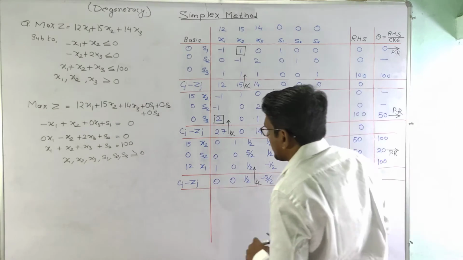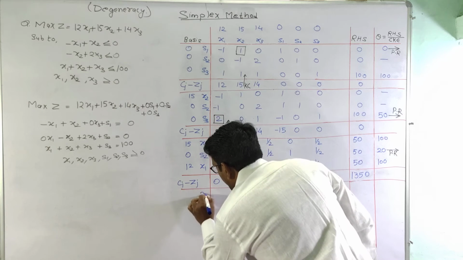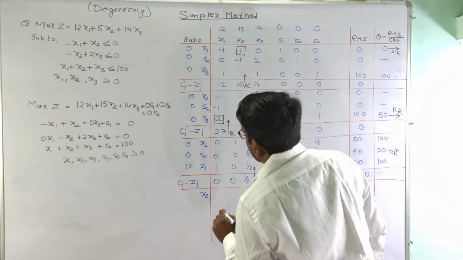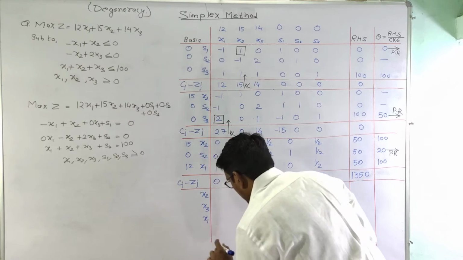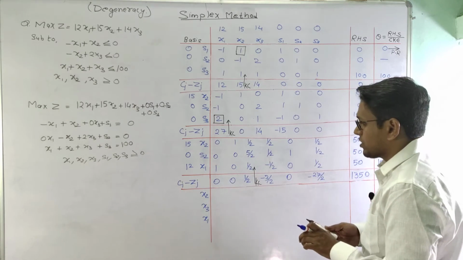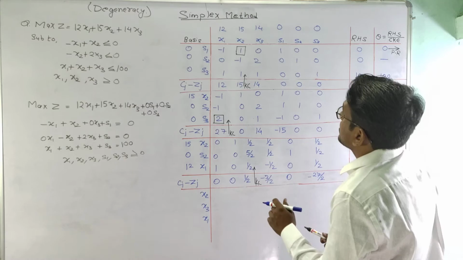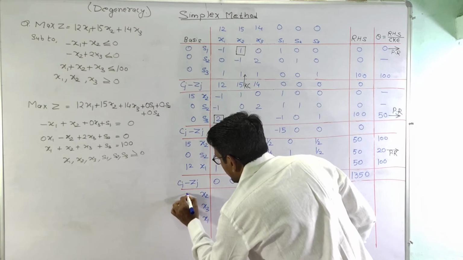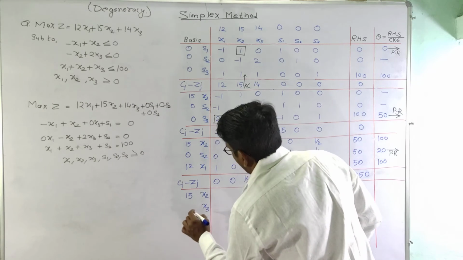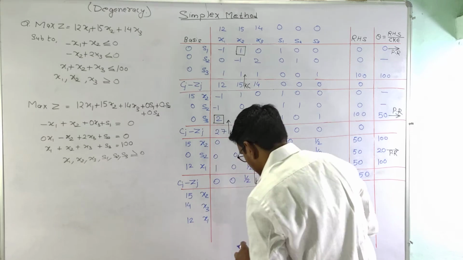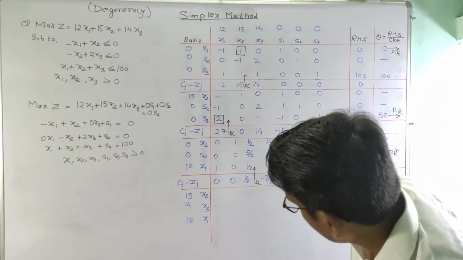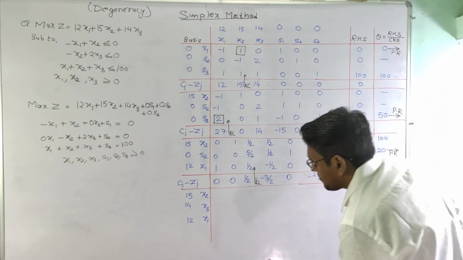So I'll write here x2, x3 and x1. Variable coefficients are 15, 14 and 12.